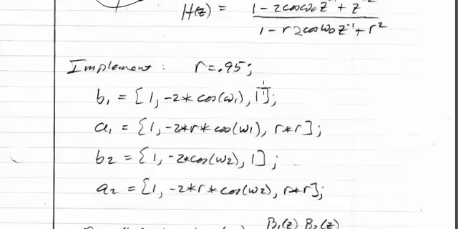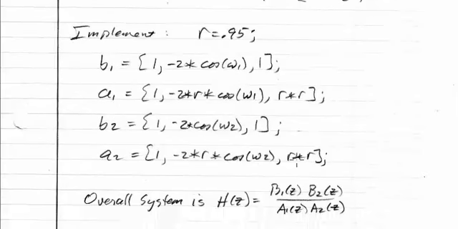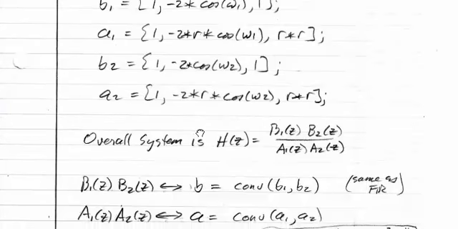Sorry, that was right to begin with. And so we have a 2 here. 2r times cos omega 1, and then for the second filter we've got minus 2 cos omega 2 for the b, and minus 2r cos omega 2 for the IIR filter. And we have an r squared term there.